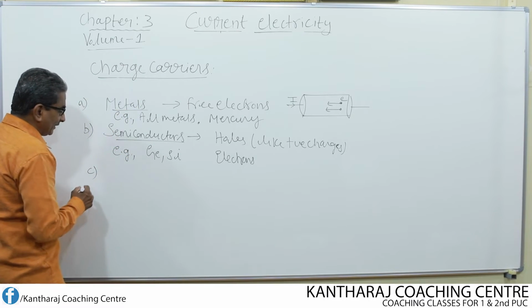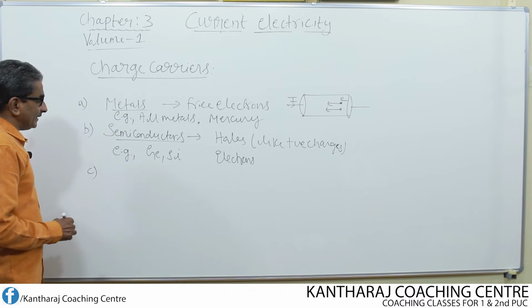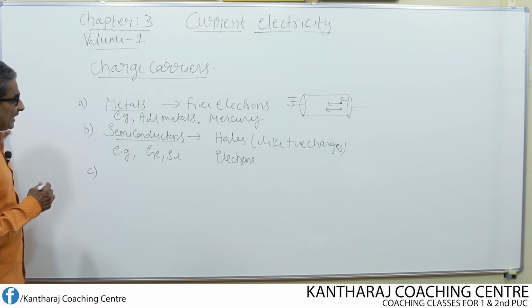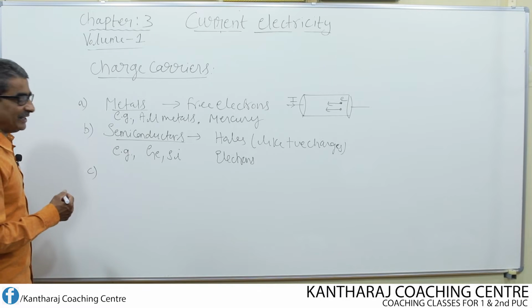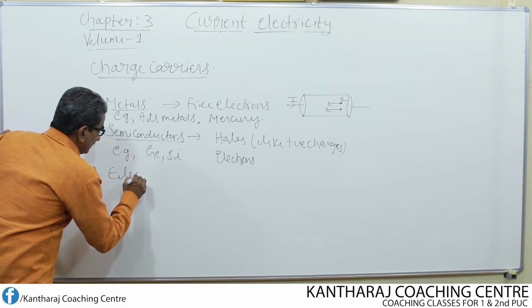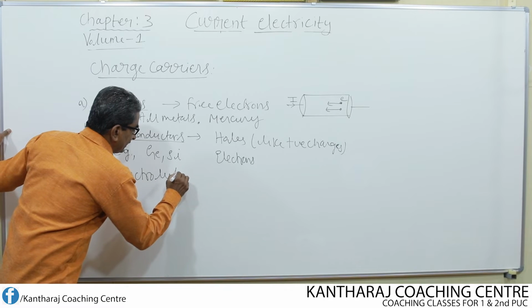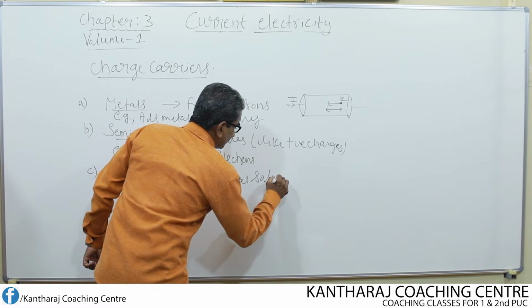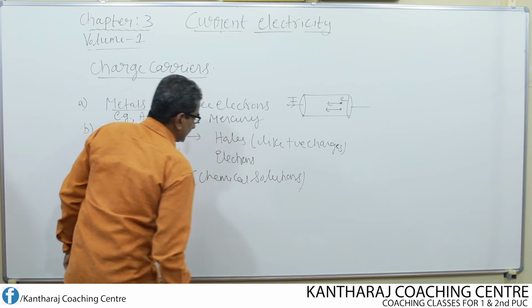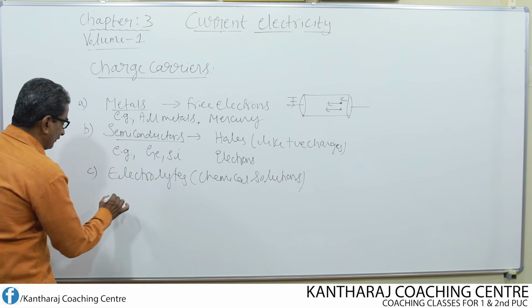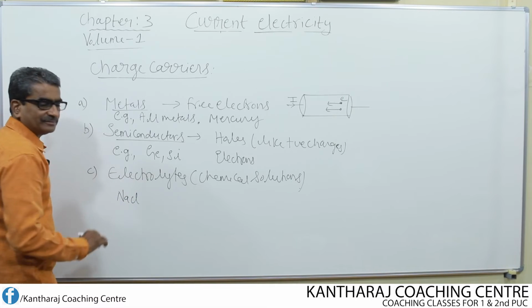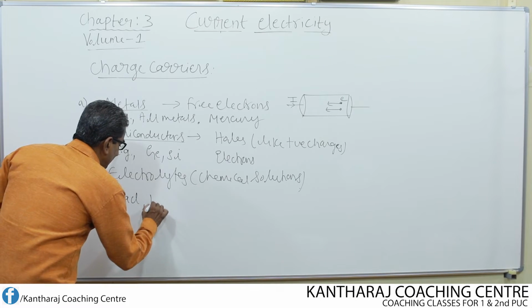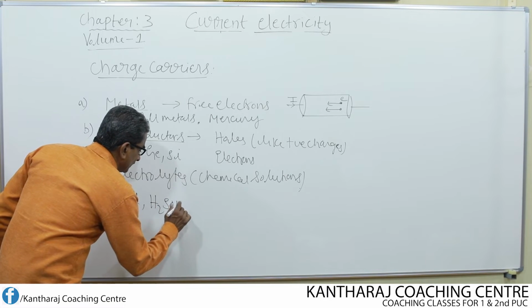Then the third one is about the charge carriers in chemical substances, say for example, in chemical solutions or in electrolytes. Electrolytes are chemical solutions. Here we can consider many electrolytes, for example sodium chloride, H2SO4, sulfuric acid.